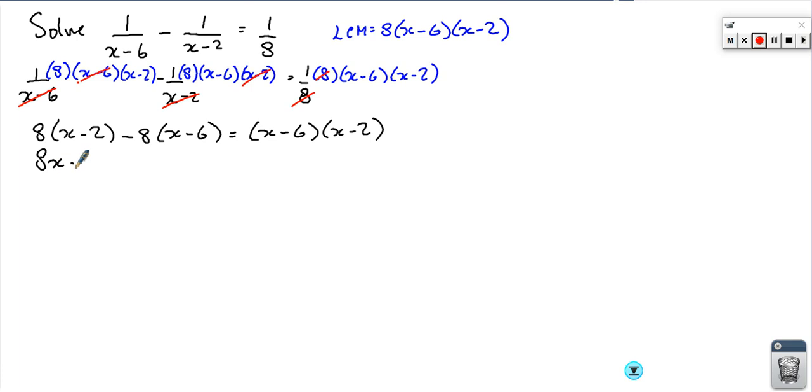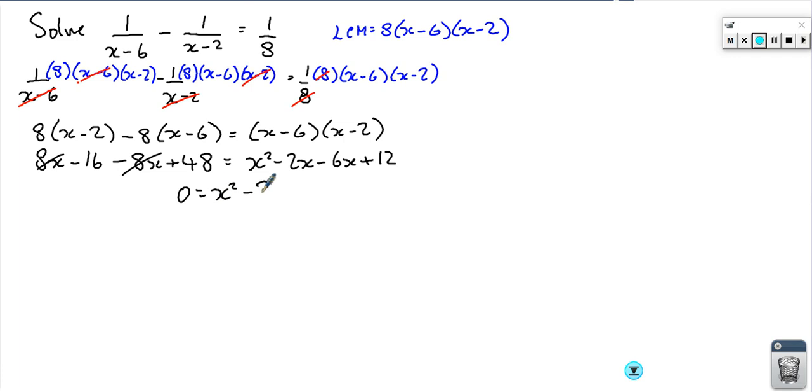So I have 8x - 16 - 8x + 48 = x squared - 2x - 6x + 12. 8x minus 8x cancels out, so I have 0 = x squared - 8x + 12 + 16, which is plus 28, minus 48, minus 20.